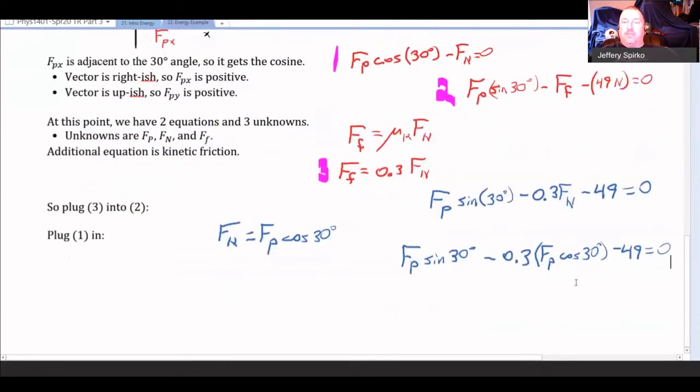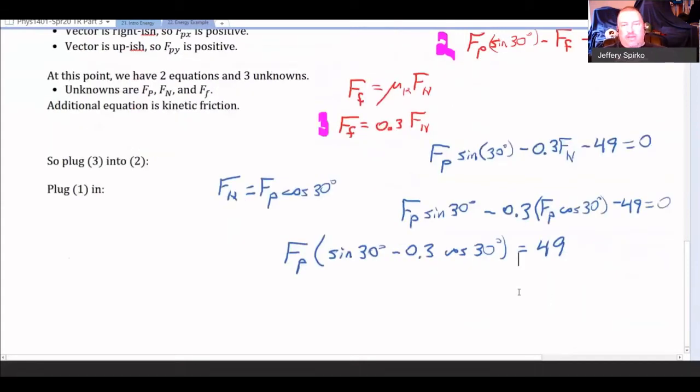Now I have an equation with only one variable. So now I can find my FP times sine 30 degrees minus 0.3 cosine 30 degrees equals 49. And I might as well calculate this thing in parentheses as a number. Notice I had two terms with FP. So I factored the FP out, and I'm left with whatever multipliers were in front of the FP.